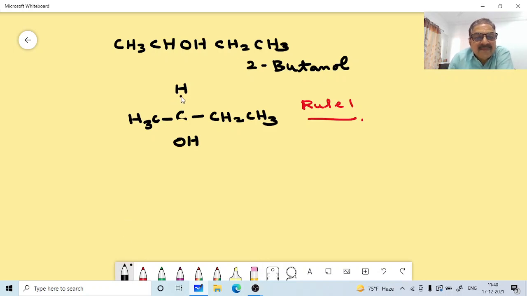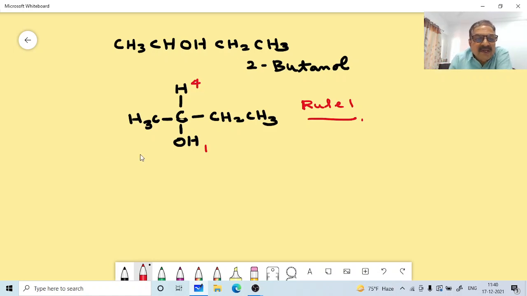Therefore the OH group will have priority number 1 here, because oxygen has the highest atomic number. And hydrogen, as usual, has the lowest atomic number, therefore this will be priority number 4.